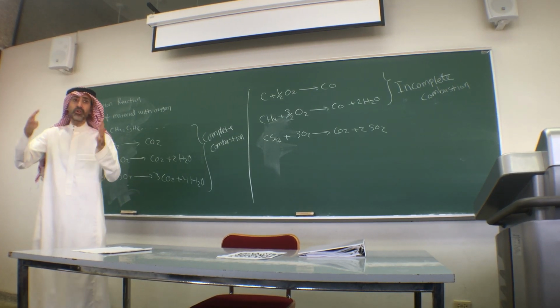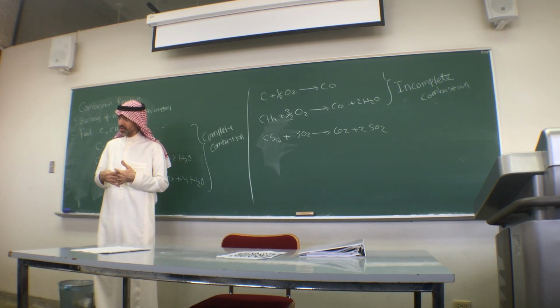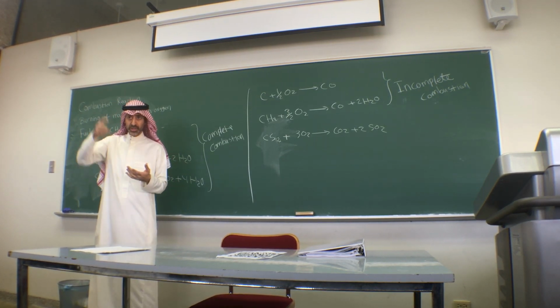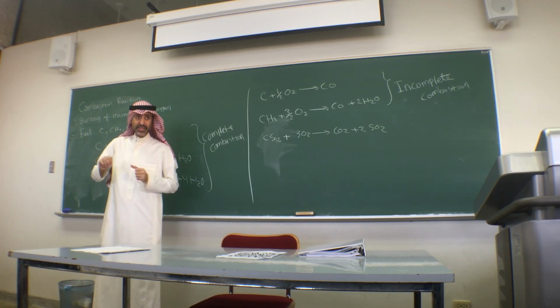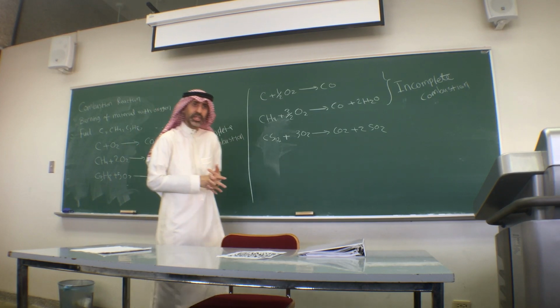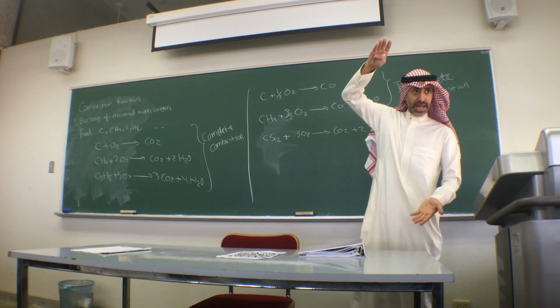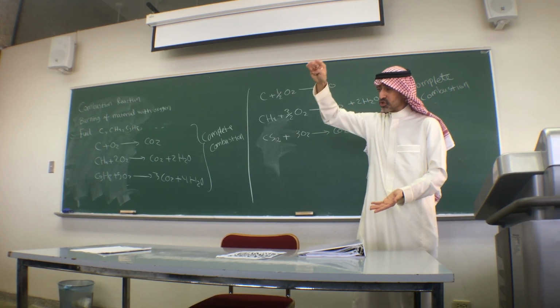How can we find the composition? What does composition mean? If I say calculate the composition, I'm after the mole fraction in the output. So how can I calculate the mole fraction? I get the total, and I divide each one by the total.